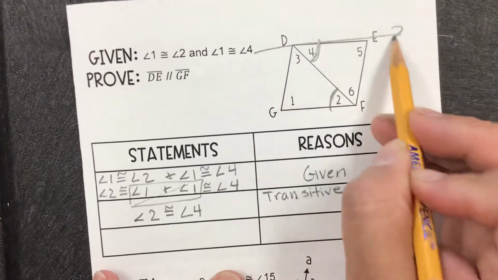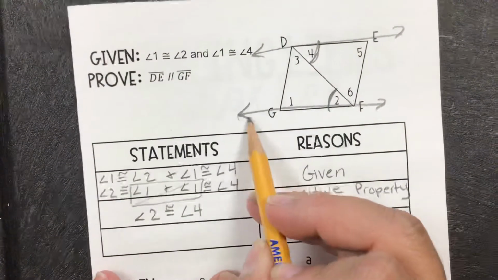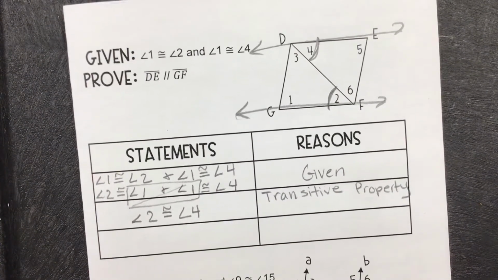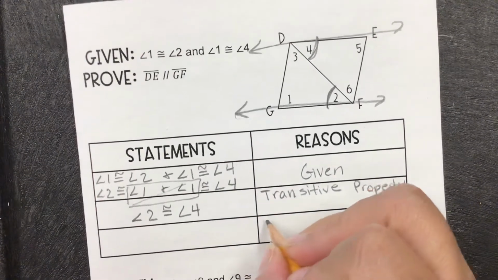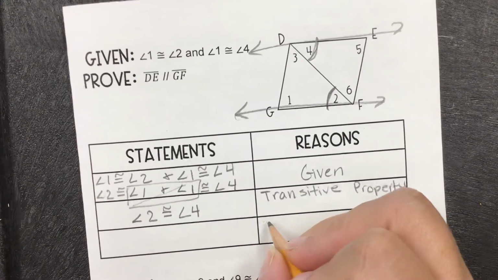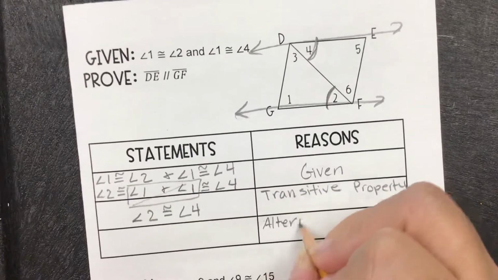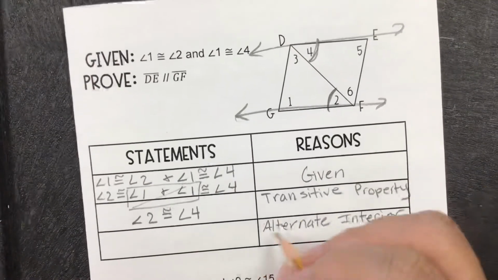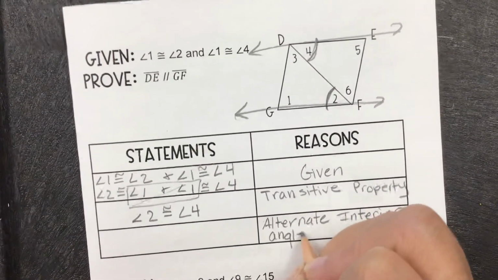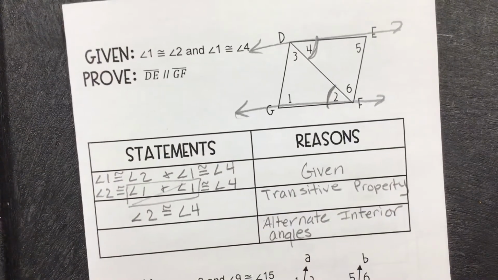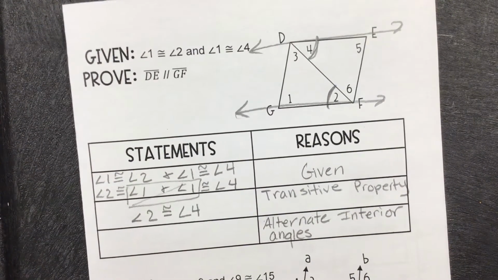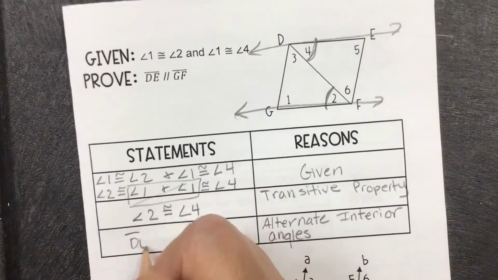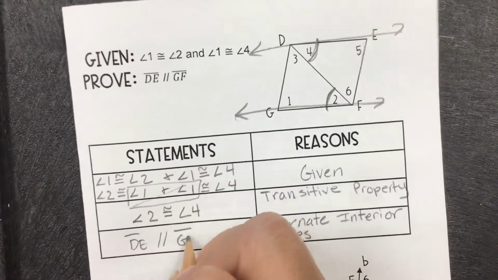And if I draw the lines parallel like this, they look like they are consecutive interior angles. Oh no, alternate interior, alternate. And yes, because the alternate interior angles are congruent, they're equal to each other, now we can say that the segment DE is parallel to the segment GF.